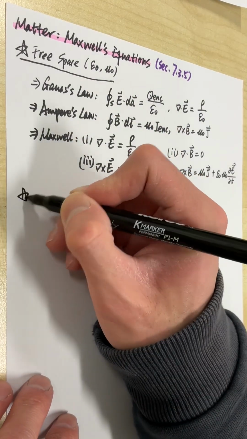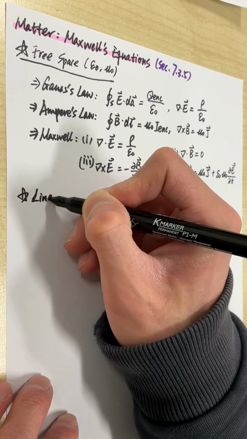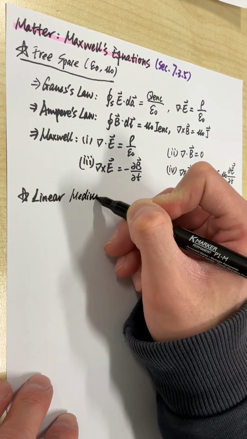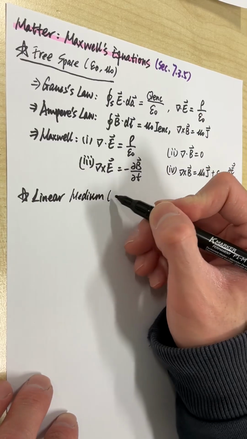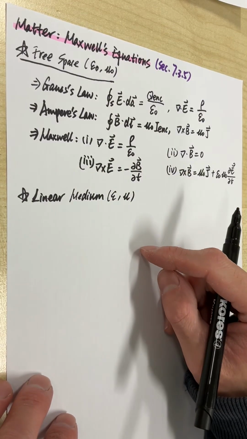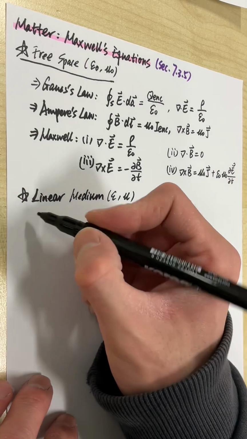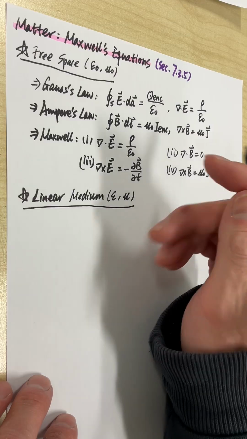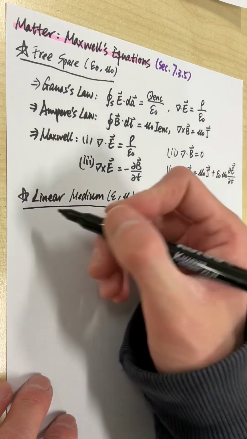And now if I have a linear medium, then we have epsilon and mu. They are not equal to epsilon 0 and mu 0 anymore. So we also need to modify Gauss's law and Ampere's law as well.